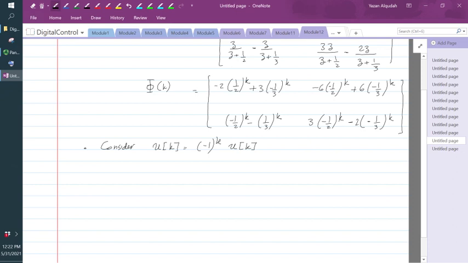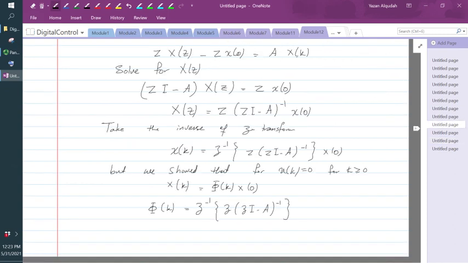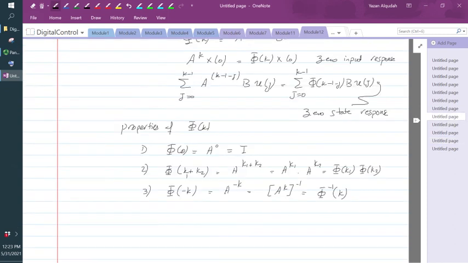So if I apply this input and I have initial conditions x of 0 equal to 1, 0, we're going to calculate the output. To calculate the output, we know the formula that we had on this page; this is the formula that we're going to be using.